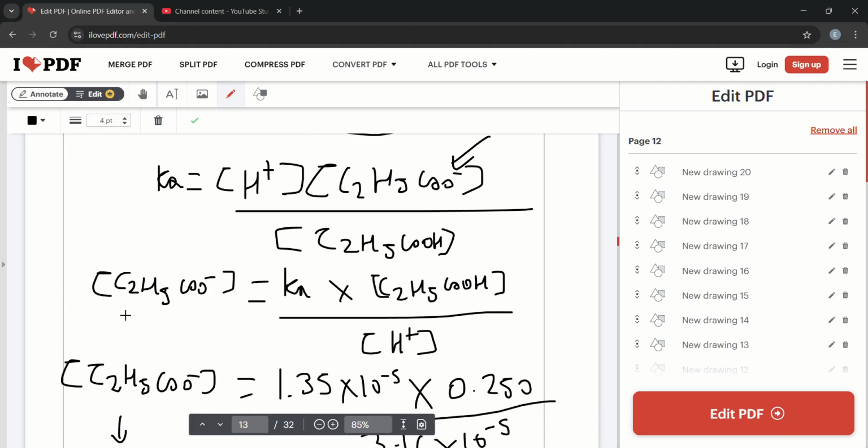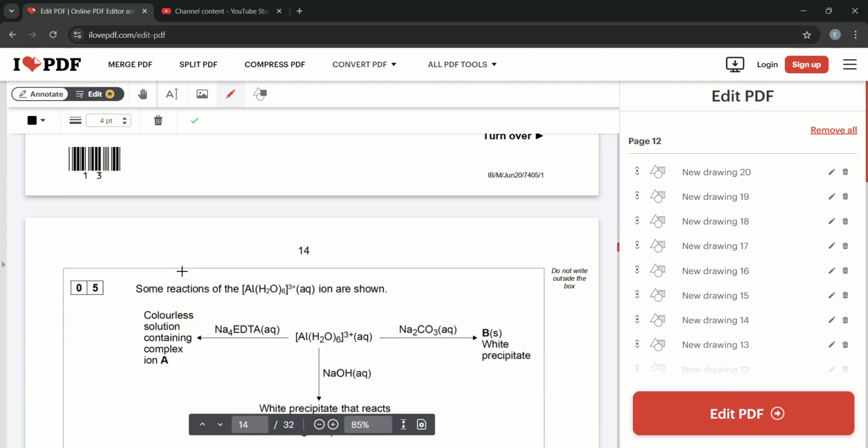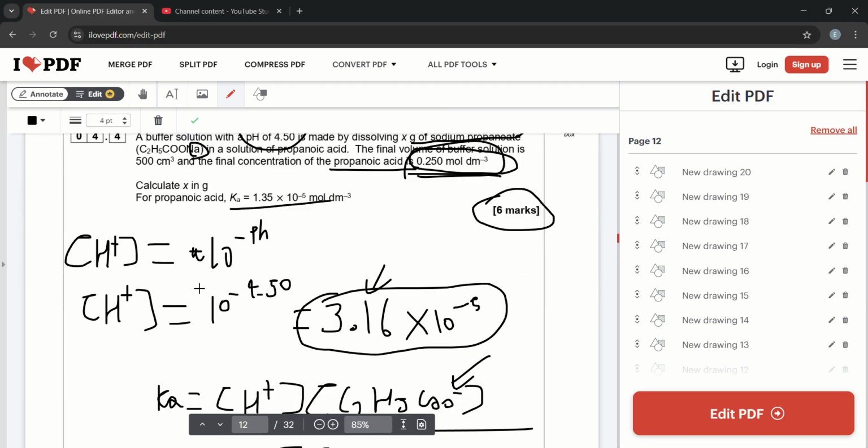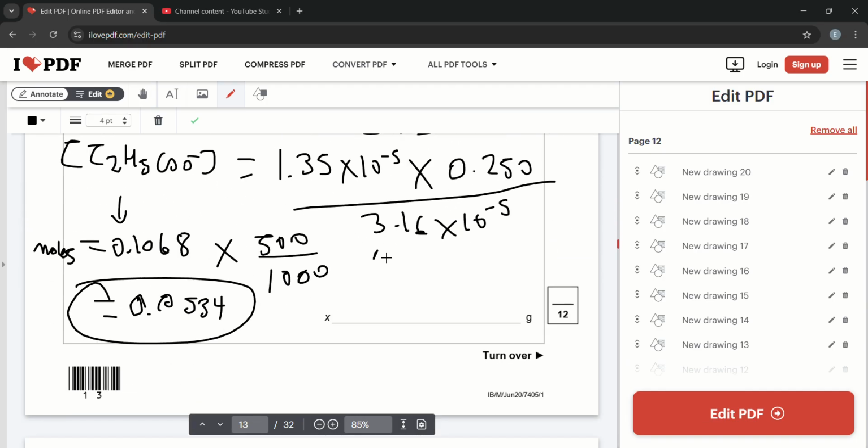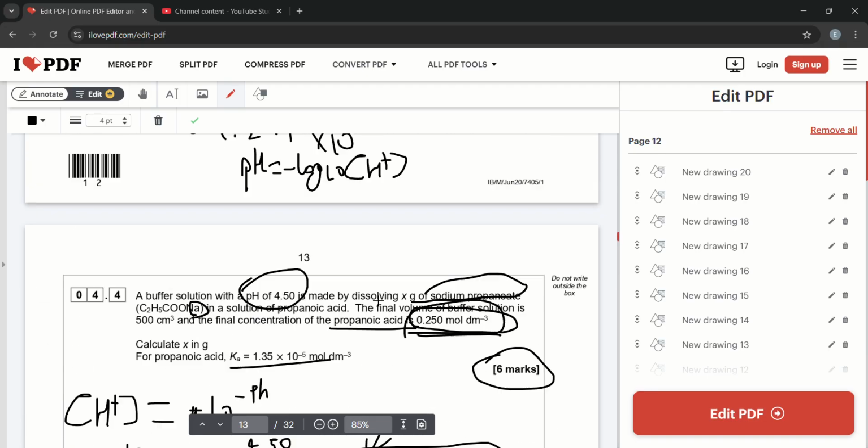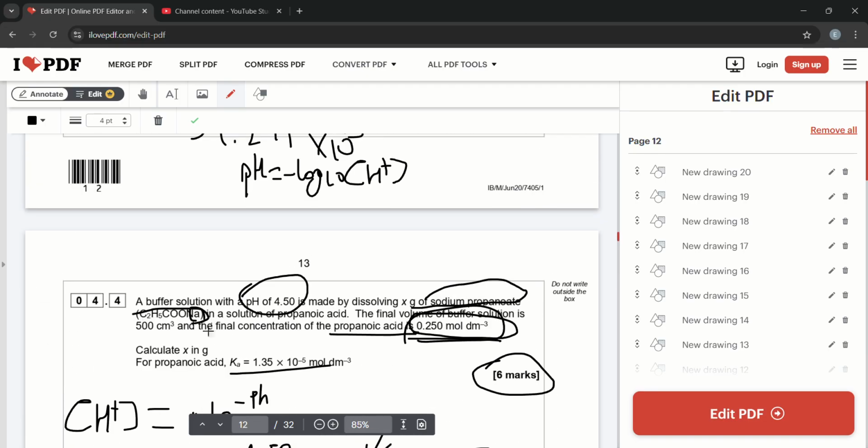How do we find the mass? We know moles is equal to mass over Mr. Therefore mass is equal to moles times Mr, which is 0.0534 times the Mr of sodium propanoate.